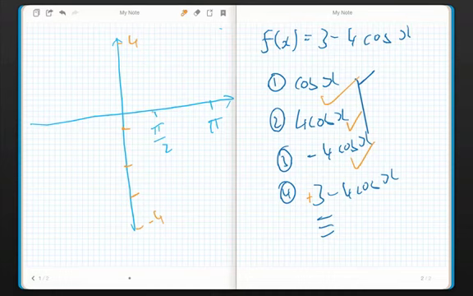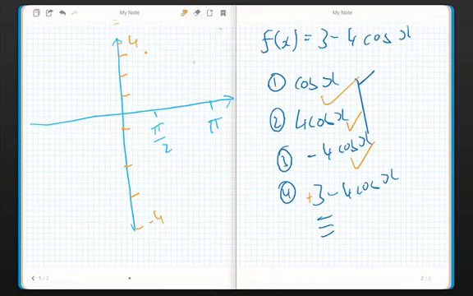Here, we want to move this up by 3. 1, 2, 3. So here. And pi was originally over here. So we want to move this up by 3. And since I can't fit this, it goes at 7. So imagine this is 7, we put this here. 7 is somewhere up there.